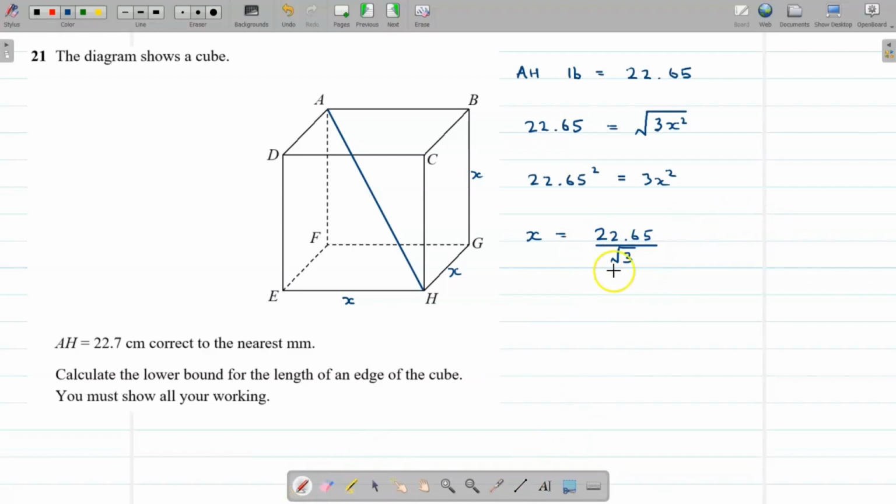If we put that on the calculator, that will give us the number we're looking for, and that comes to 13.0769, 13.07698. In this sort of question, you'd normally leave it like that because you're giving it as accurately as you can. And that should be in centimetres as well, because that's what the units are.